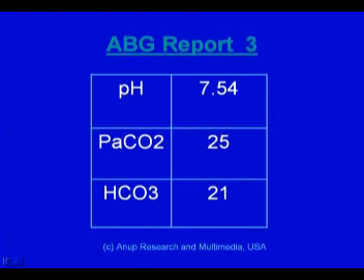Now let us look at the third ABG report where the pH is 7.54, the PaCO2 is 25 and the bicarb is 21. I hope by now you know what steps we have to take so we can go a little faster.